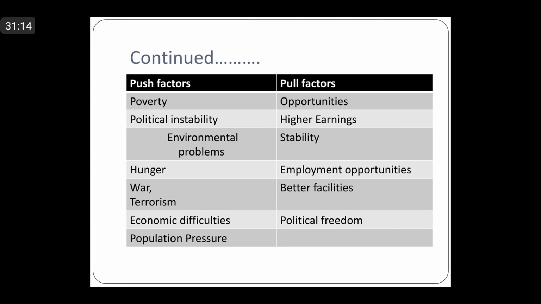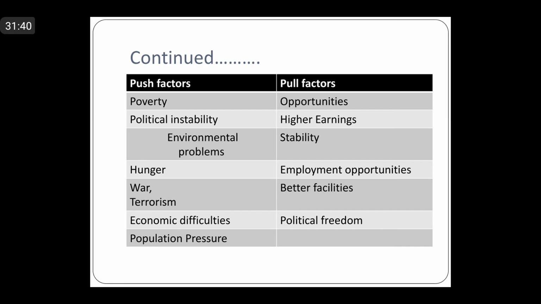In one case, the people forcefully leave their place of origin, and pull factors attract people to come over.